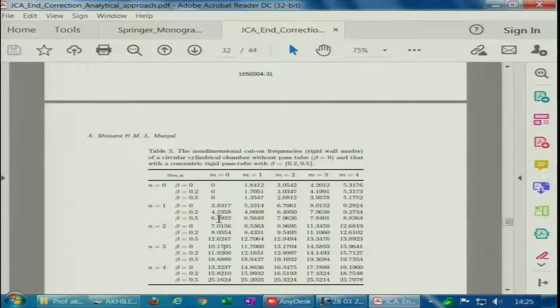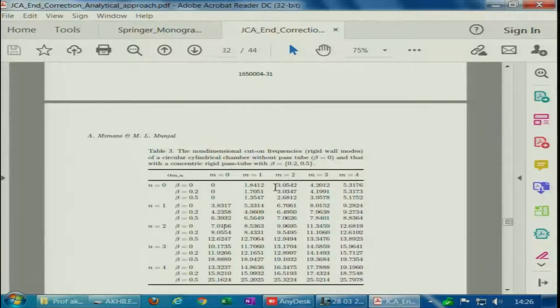What it means basically is that for the higher order modes, the first radial mode for beta equal to 0.2, 0.5 gets cut on at a much higher frequency compared to the circular cylindrical chamber. For 0.2 the difference is small, but as we keep increasing beta, the ratio of the inner radius r naught to the capital R naught value, if this ratio keeps increasing, then in the radial modes the excitation frequency keeps getting shifted to the higher frequency range, as seen by these values.